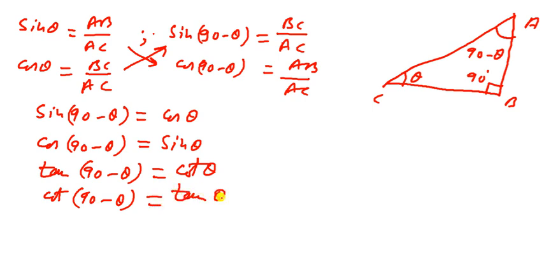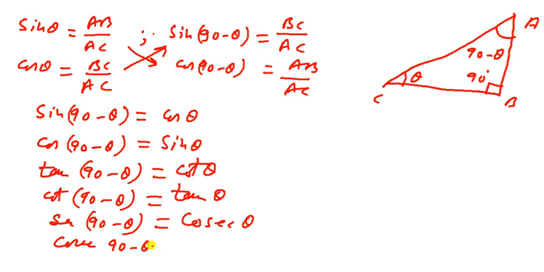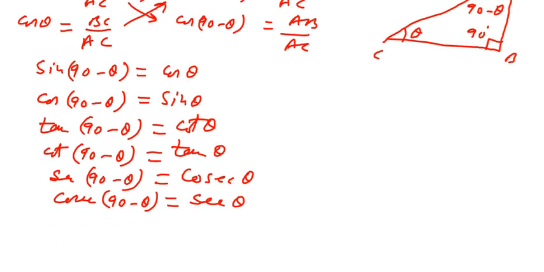Similarly, tan 90 minus theta is cot theta, and cot 90 minus theta is tan theta, and sec 90 minus theta is cosec theta, and cosec 90 minus theta is sec theta. We can use this type of formula in this exercise.